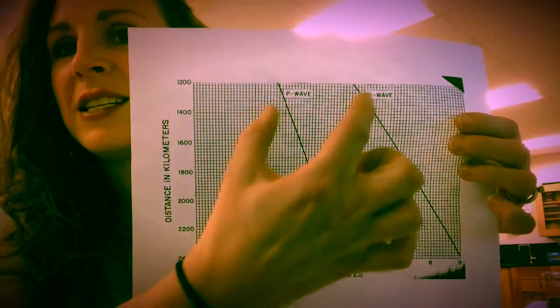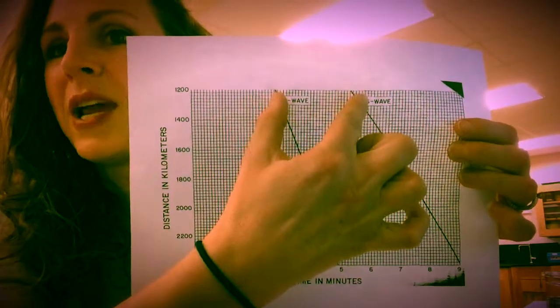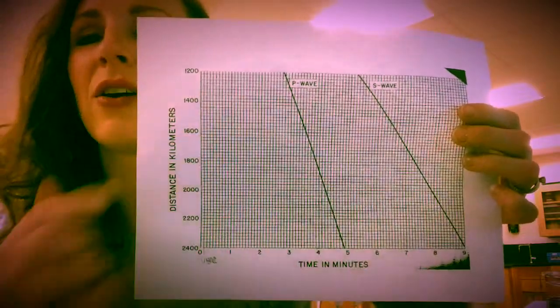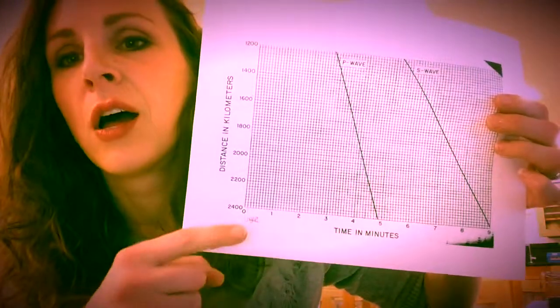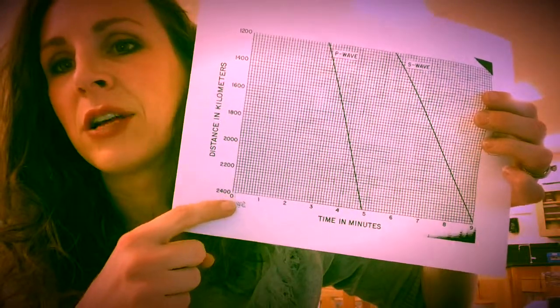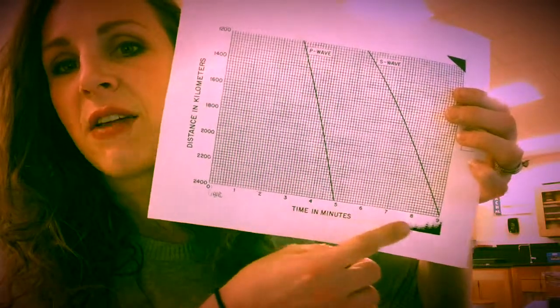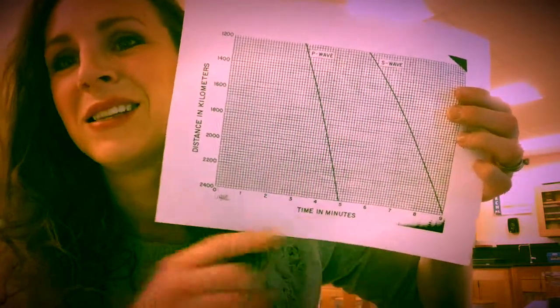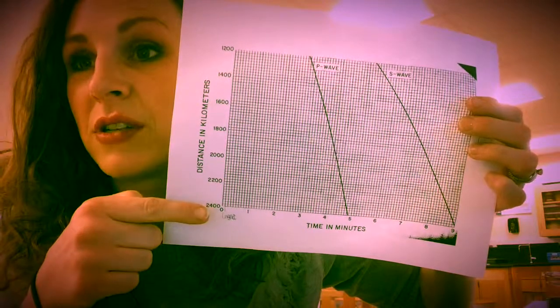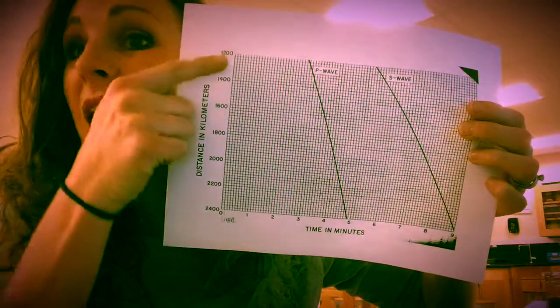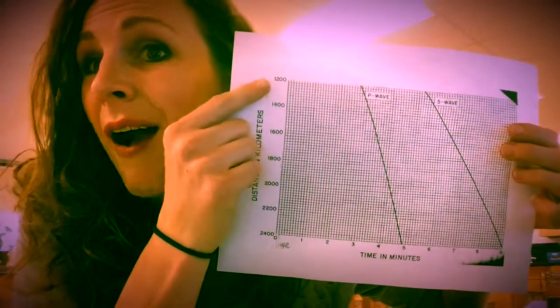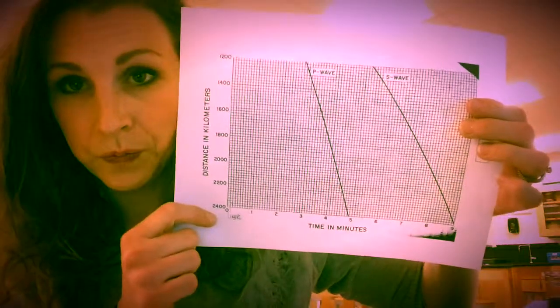What you're looking for is the distance in between. Time in minutes is down here: 0, 1, 2, 3, 4, 5, 6, 7, 8, 9 minutes. Distance in kilometers is on the side. Notice this is not usual. At the top, it's 1,200. At the bottom, it's 2,400. So we are going the opposite of your expectation.